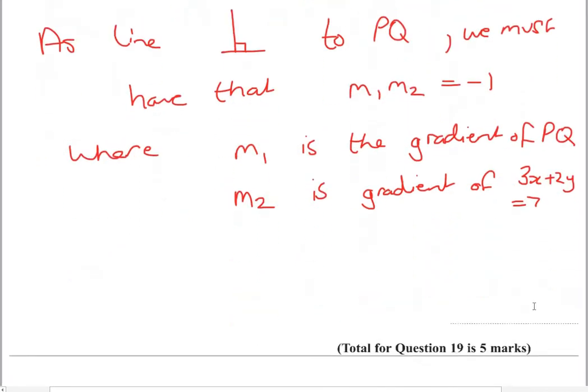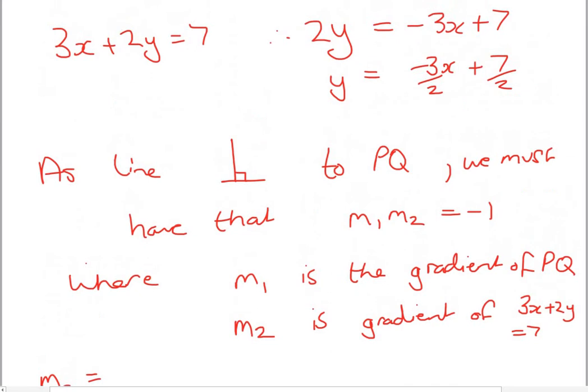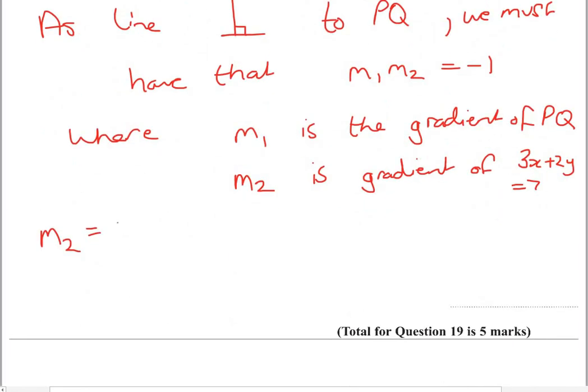So, where can we go from there? We know that m2 is this value here. I'll change pens. So it's minus 3 over 2, which implies that m1 equals 2/3, because we know that 2/3 times minus 3 over 2 is minus 1.